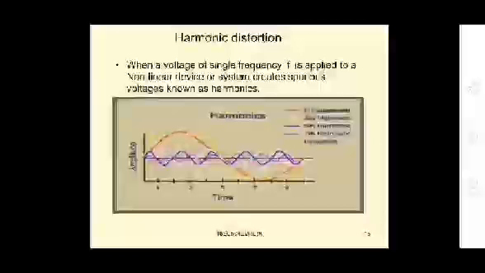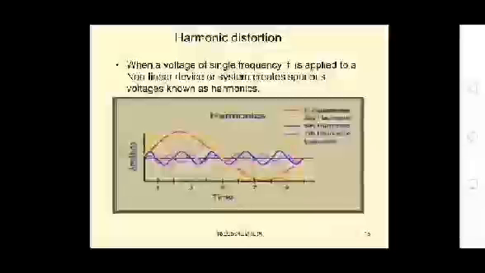We call these the second harmonic, third harmonic, fifth harmonic, seventh harmonic. Based on that, our resultant signal will look like this yellow signal, which is completely distorted from the fundamental signal due to these harmonics.